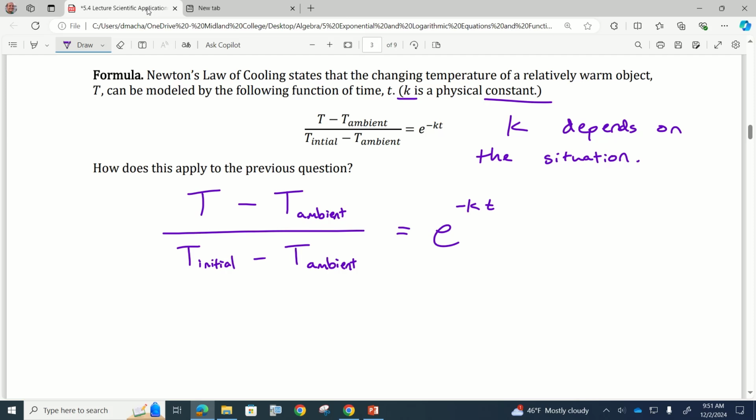Because you know a warm object cools down in water a lot faster than it would cool down in air. If you're trying to cool down a hot pan that you just took off the stove, it cools down faster if you submerge it in your kitchen sink water, right? Versus if you just wave it around in the air. So it depends on the situation.